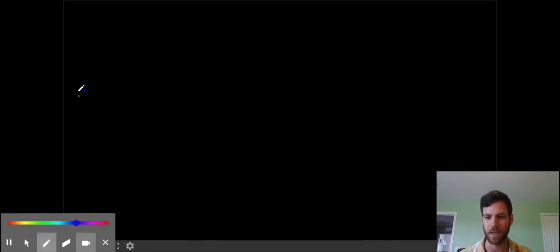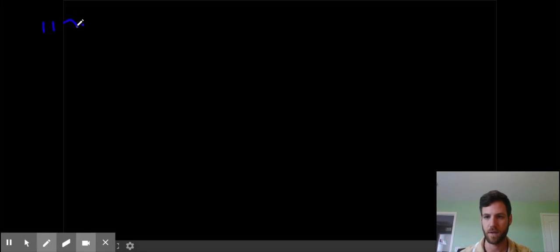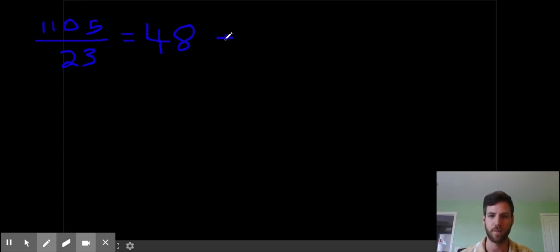We did 1105 divided by 23, and that we said was equal to 48, and the remainder was 1.